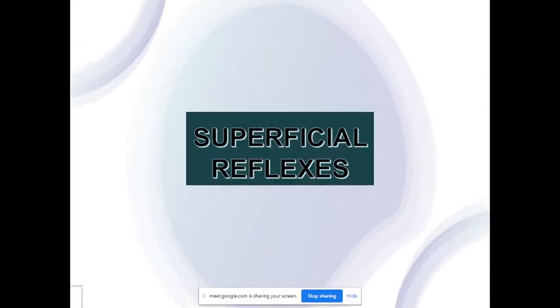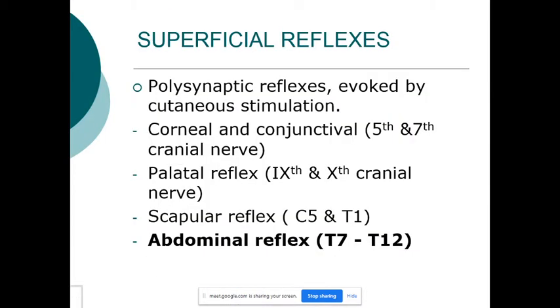In the superficial reflexes, you have the corneal and conjunctival reflex. So here what we will do is we take a cotton, make a small wisp, just make it sharp in one end, and you should ask the patient to see forward.